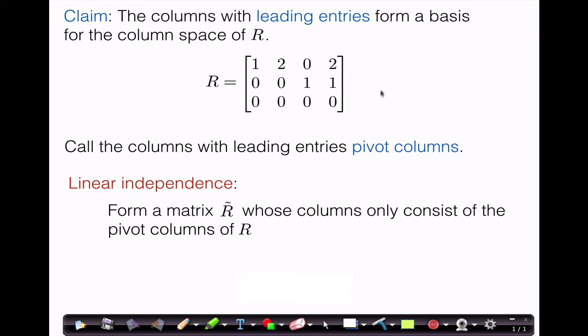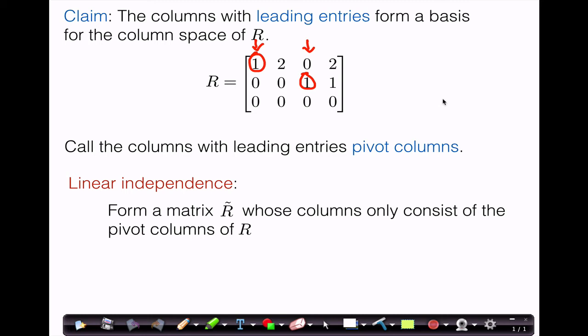So what we can do is we can form a matrix R tilde whose columns only consist of the pivot columns of R. So in this case, we have pivots here and here. These are the leading entries. So our pivot columns are again columns 1 and 3.